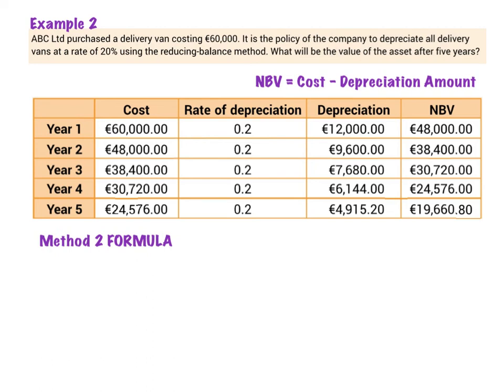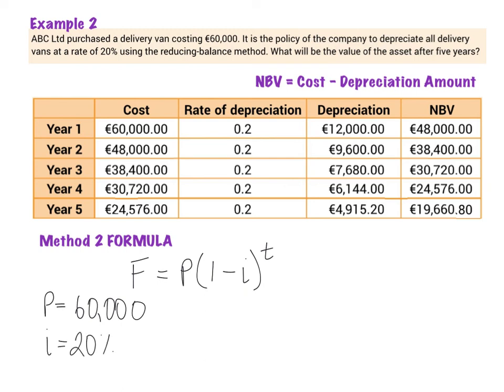So the formula again is F, the future value of the asset, equals P bracket 1 minus, because you're subtracting the depreciation, it's losing its interest, over T. In this case our F we don't know, we're looking for it. Our P, the value of the asset at the start of year 1, was 60,000. We've got our interest rate of 20%, and we've got the time being 5 years.